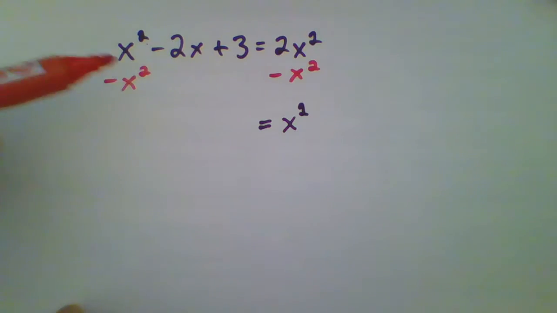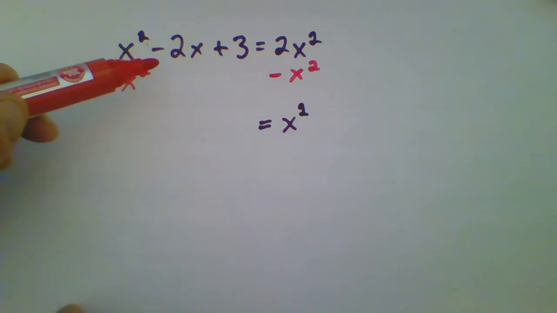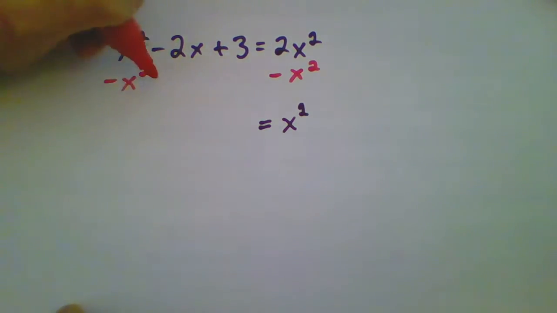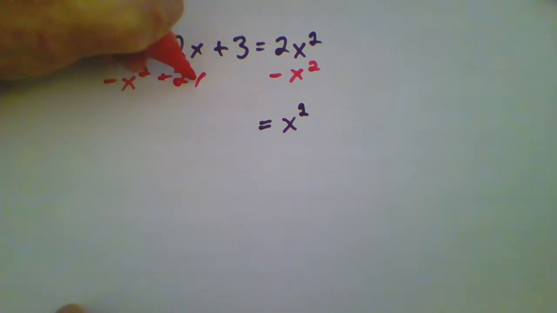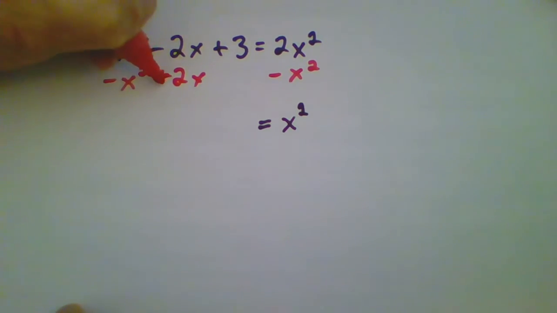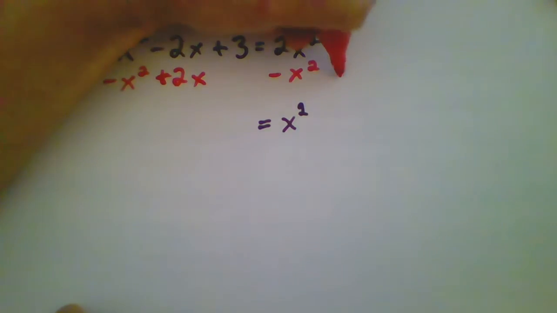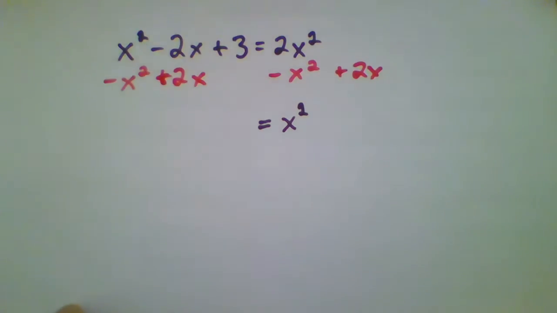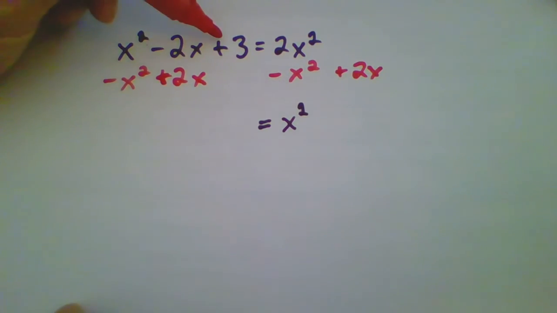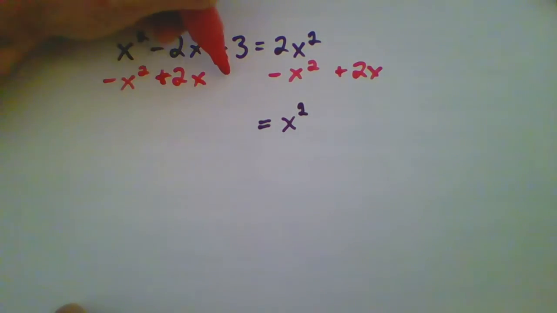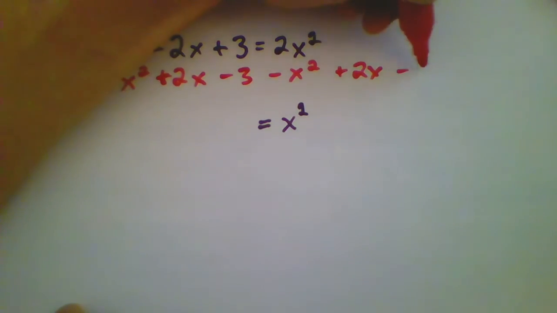Okay, but that only cancels out this term here, so I also have to cancel out minus 2x, and I do that by doing plus 2x. And I can cancel out this plus 3 by doing minus 3 on both sides of the equation.